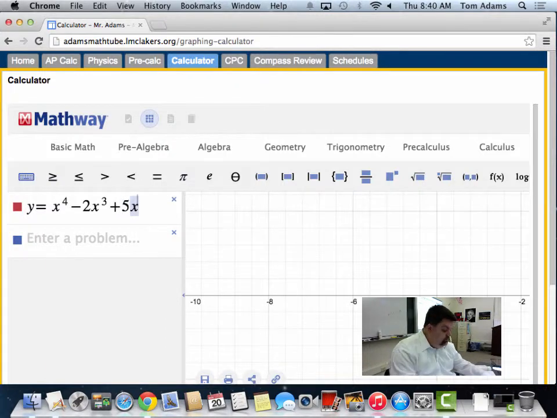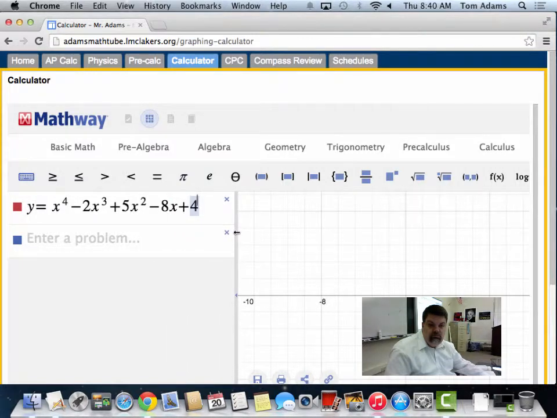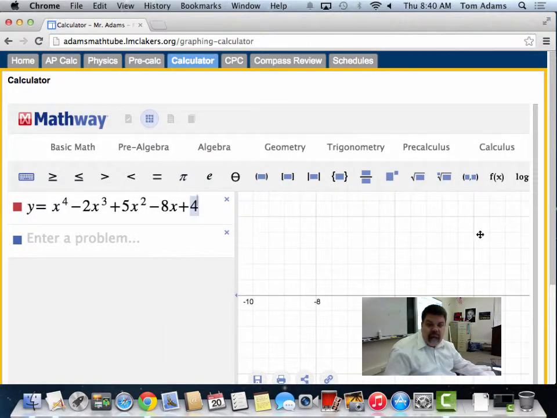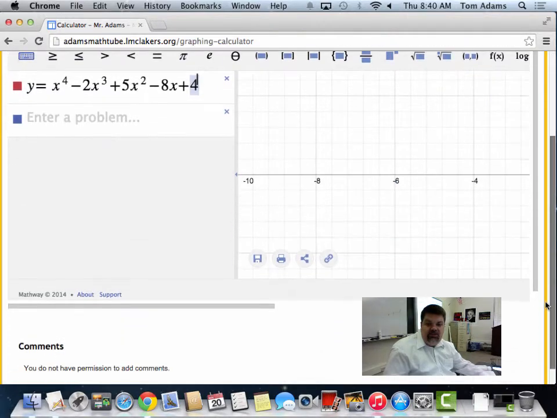I wrote down cubed. I better fix that on my paper. All right, 5x squared minus 8x plus 4. Kind of ran out of space there. Is that right?